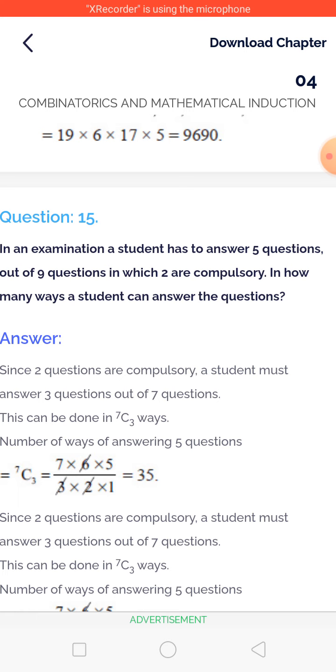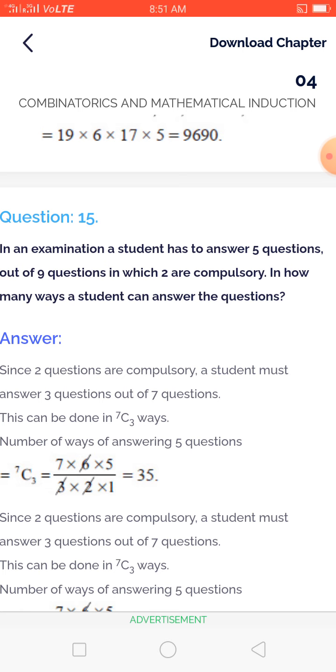Okay, suppose imagine one question paper having 9 questions. The first 2 questions are compulsory. So you have to answer those 2 questions. In the 9 questions, with 2 questions compulsory, what are the remaining questions? 7 questions are remaining.